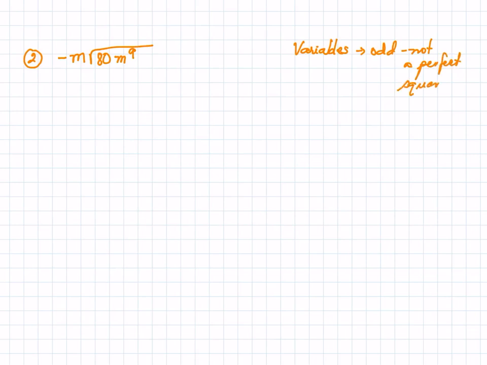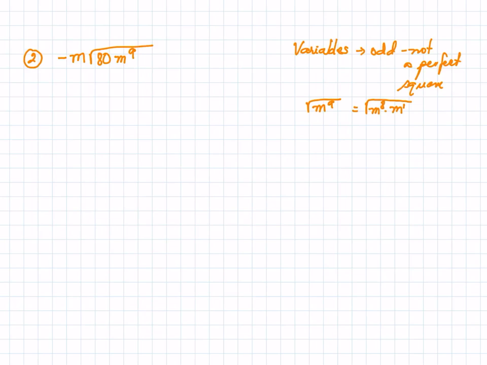In this case, that's not a perfect square. So what I'm going to do is take one of it out, and then the rest is 8. Remember your rules of exponents: if you multiply numbers with the same base, you add the exponents.